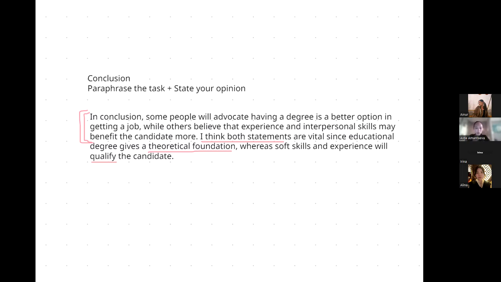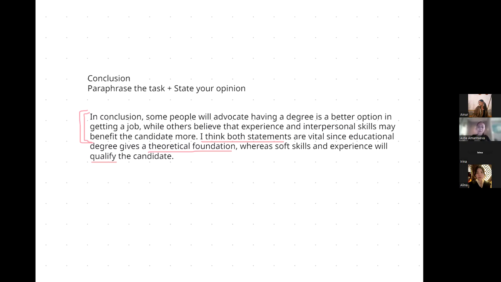Let me actually take a look at your introduction. So in your introduction, you wrote something as, I support the latter view because experienced people know how to react in critical situations and have stamina.